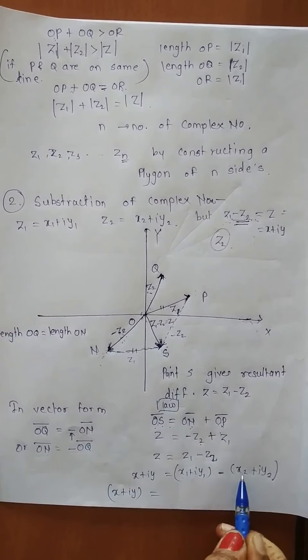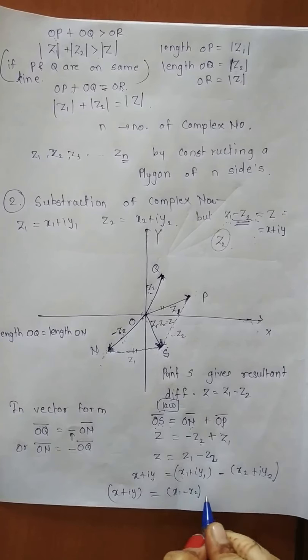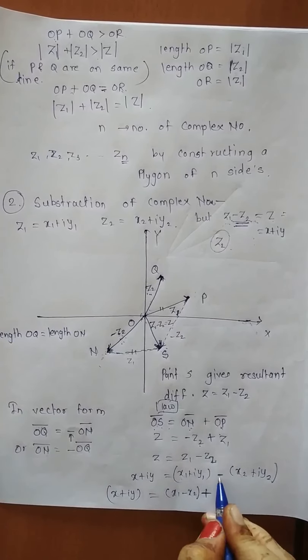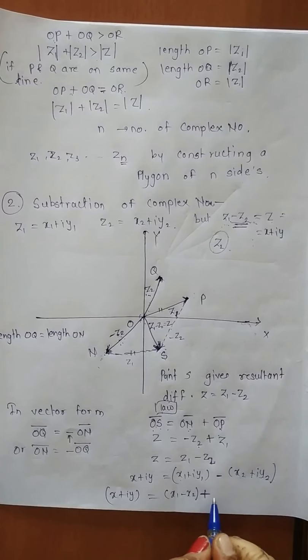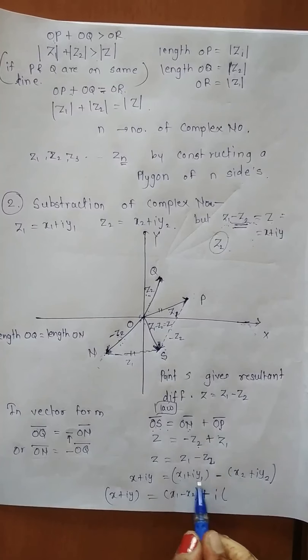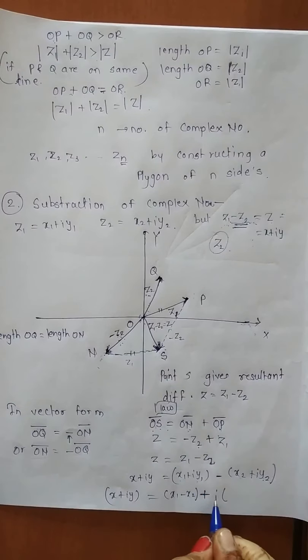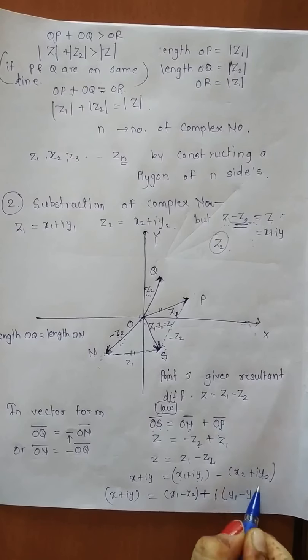We will subtract real part from real part, that is x1 minus x2. Here it will be a plus sign because we are taking this negative sign inside the bracket. And now what will be the imaginary subtraction? We will subtract the imaginary part from this imaginary part. I am going to take common, so y1 minus y2.